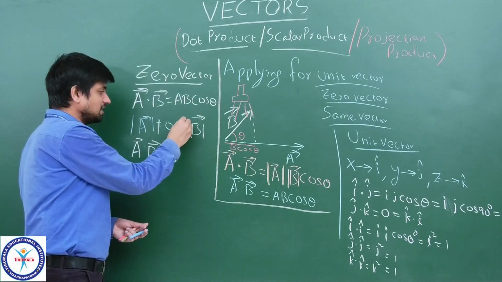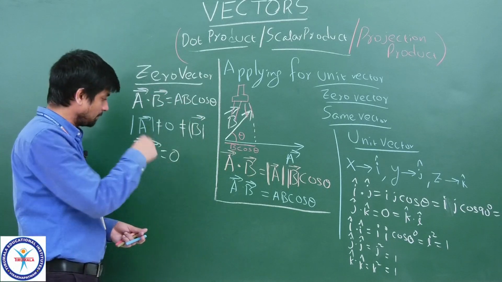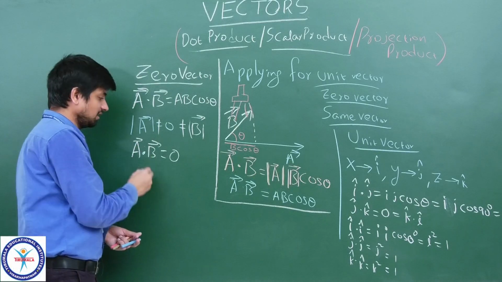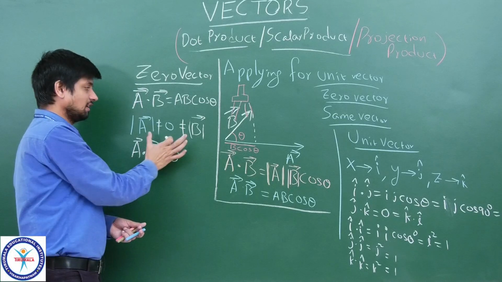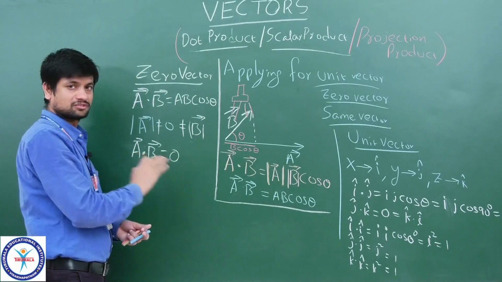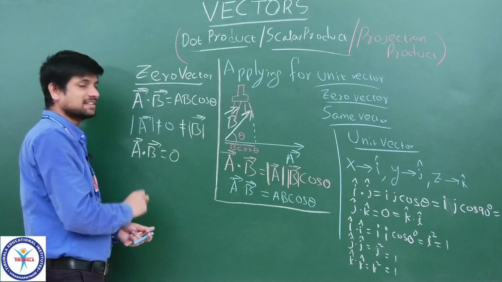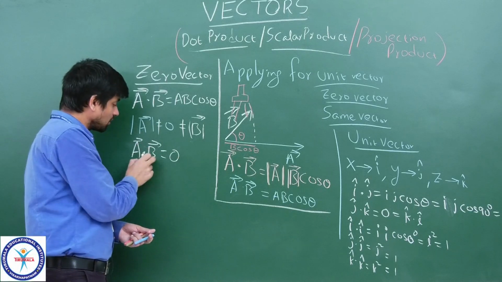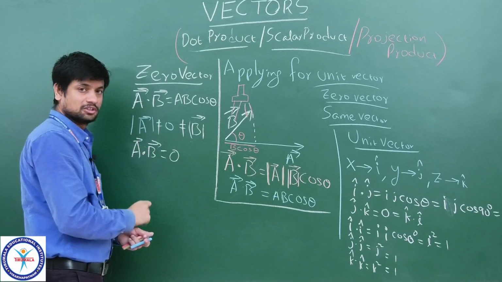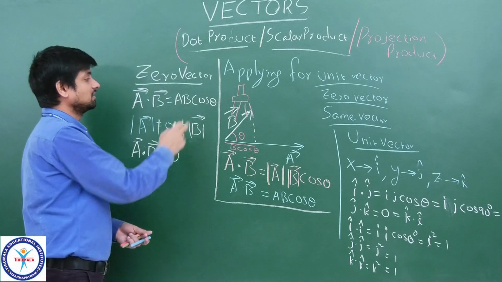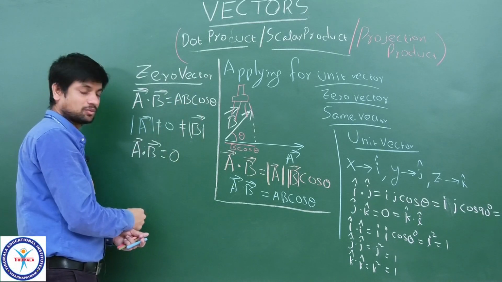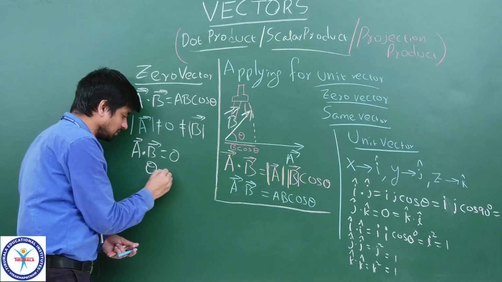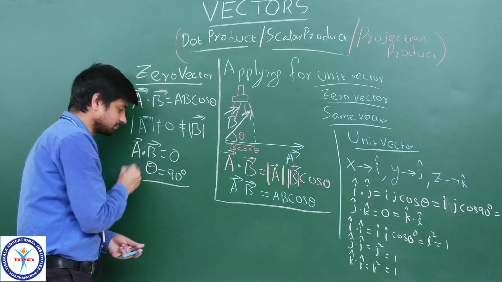And in the case where these two are non-zero, but A dot B is 0. See, children, the magnitude of B is non-zero, the magnitude of A is non-zero. I want A dot B as 0. So what might be the theta value here? What is the condition to satisfy this one? So theta must be 90 degrees.